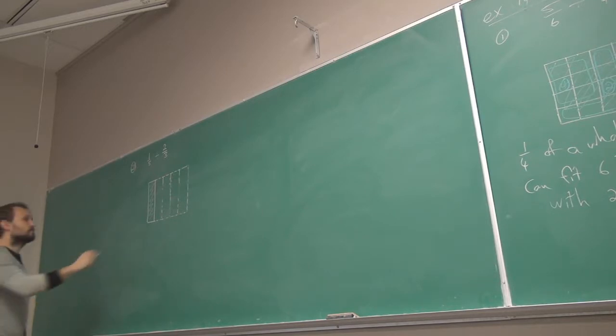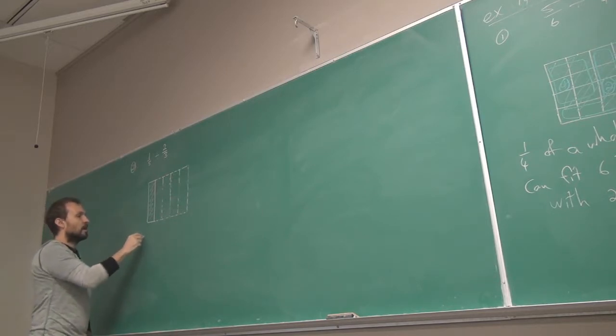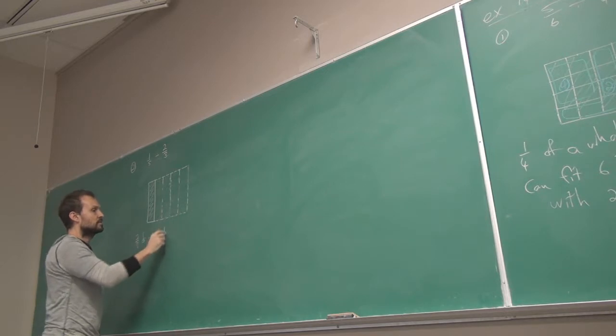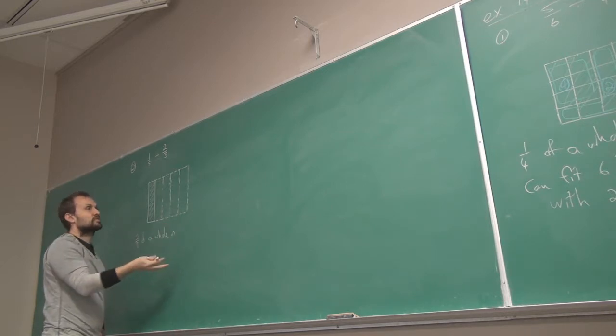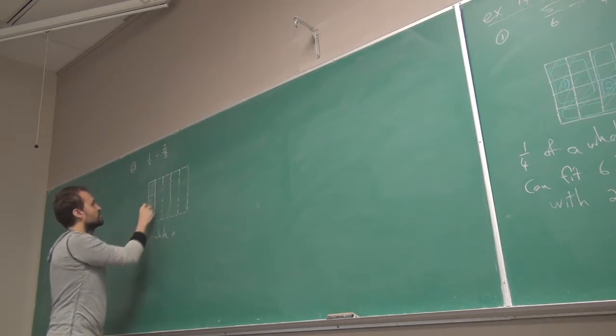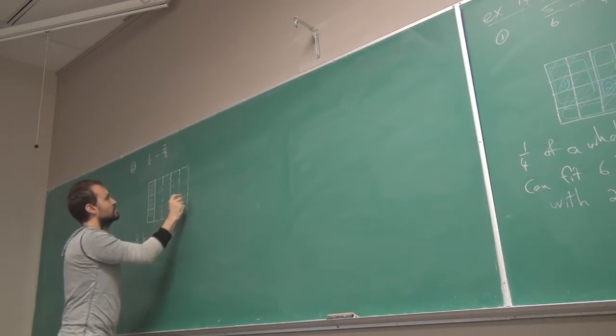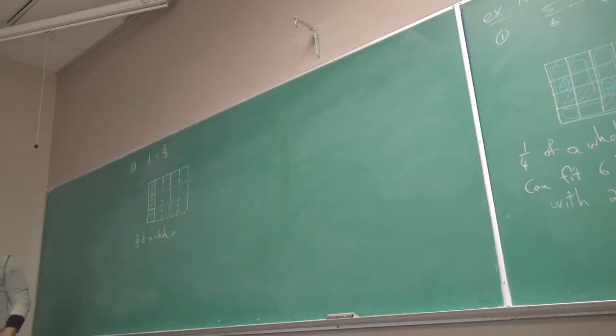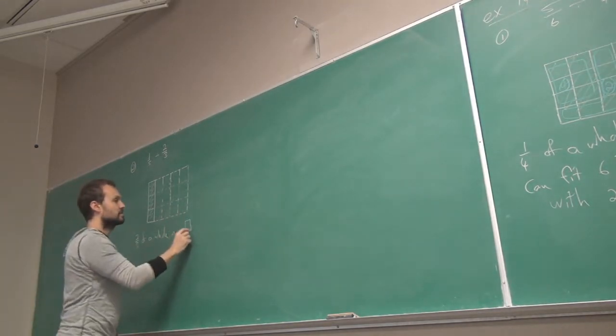Now I want to see 2/3 of a whole is how much? I can't see thirds, so I'm going to have to go thirds here. 2/3 of a whole is how many of these little squares?